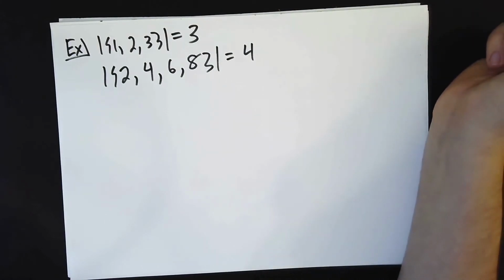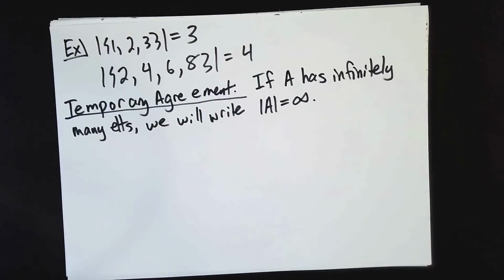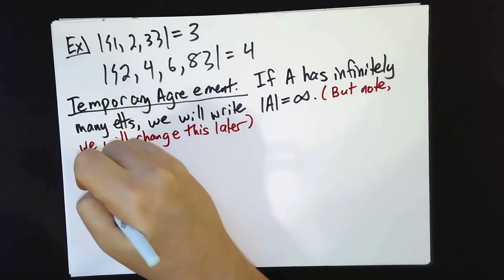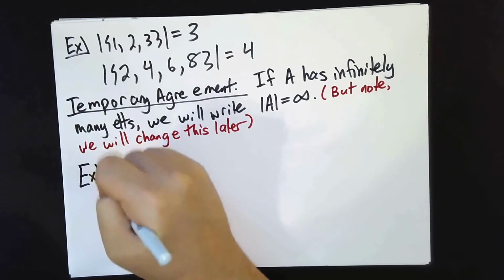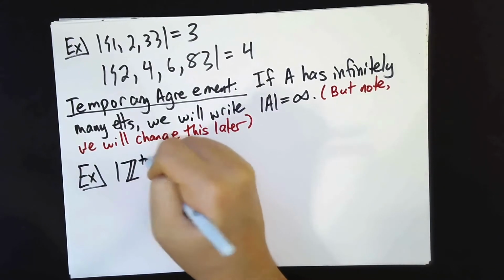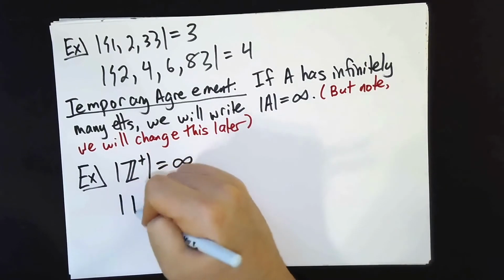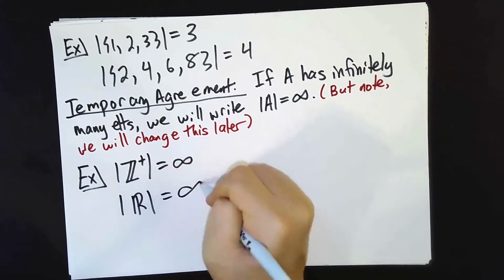We're going to make a temporary agreement that if a set has infinitely many elements, we're just going to write infinity for its cardinality. But go ahead and note, in a few weeks, we're going to change this. So for now, we'll write something like the size of the positive integers is infinity, or the size of the real numbers is infinity.